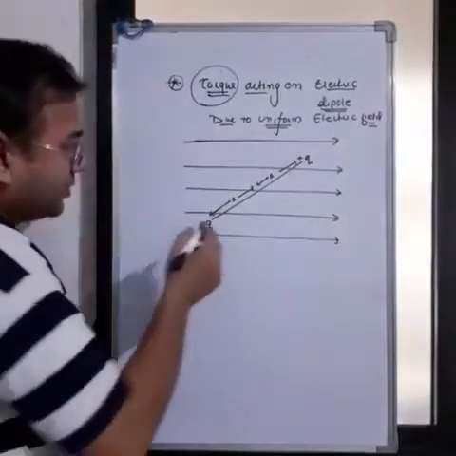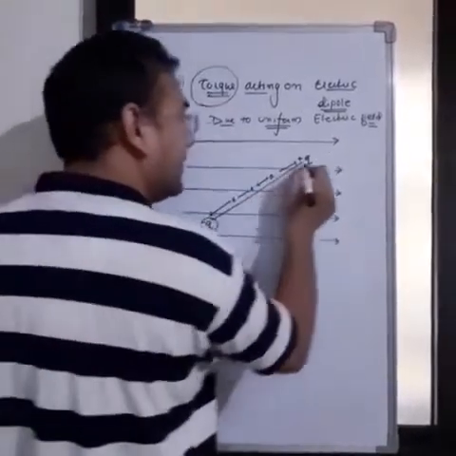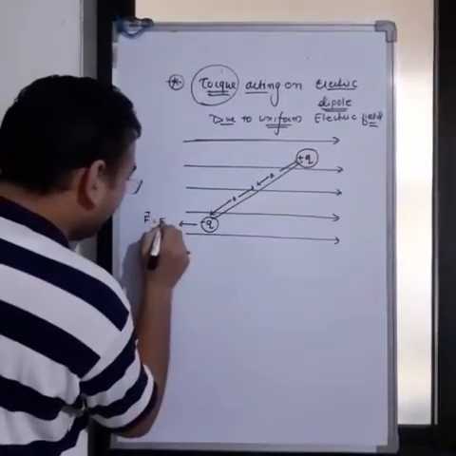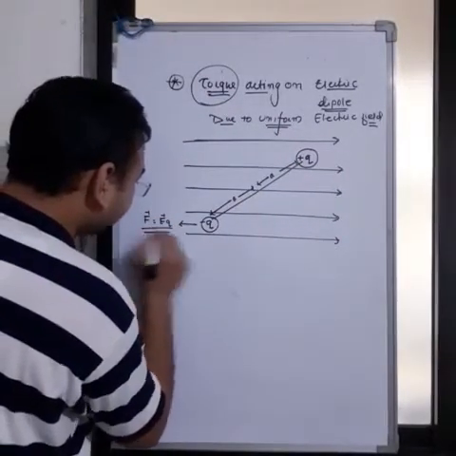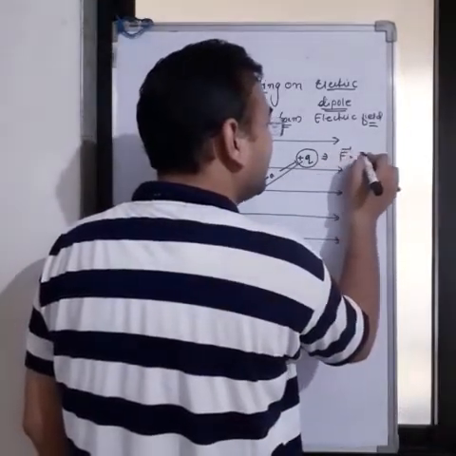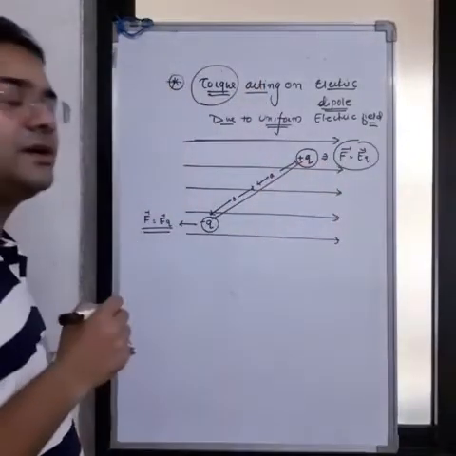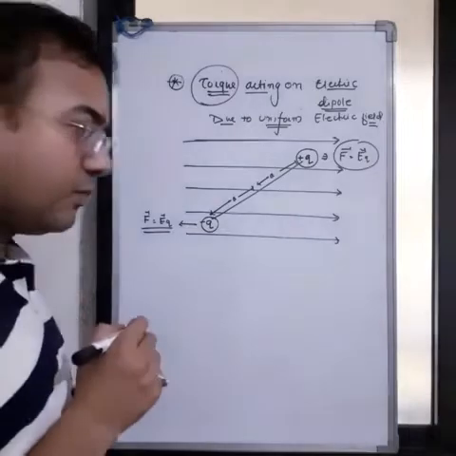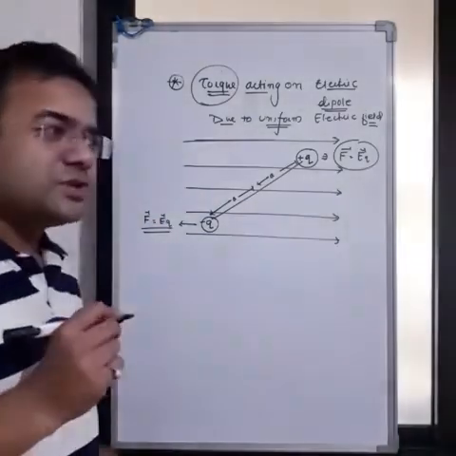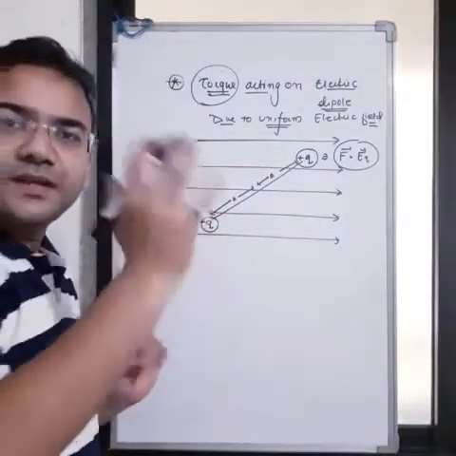Now due to this electric field, the force acting on this charge is F equal to E into Q. Am I right? Same here, the force acting on this one is F equal to E into Q. But both forces have opposite directions and the same magnitude, so it will give a little bit of displacement.